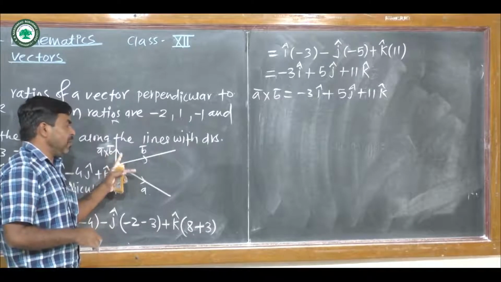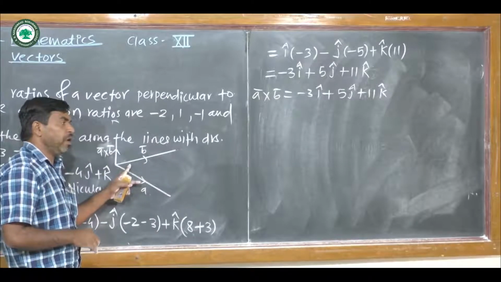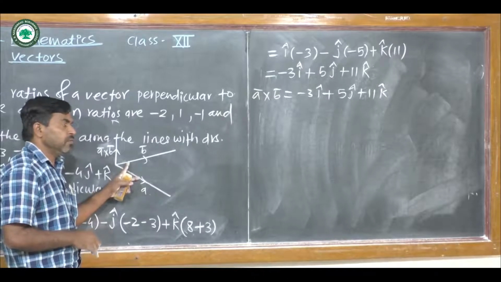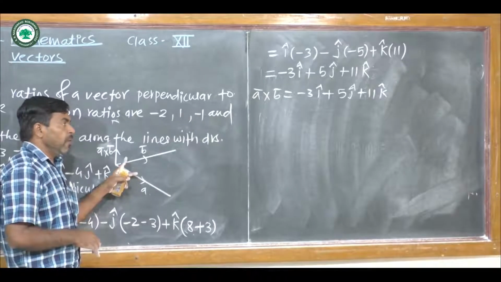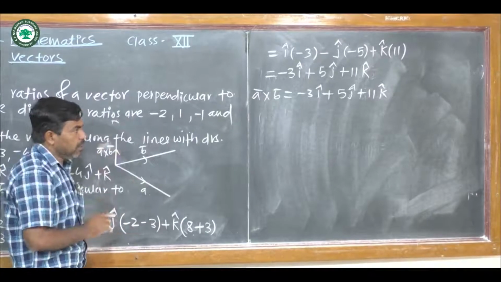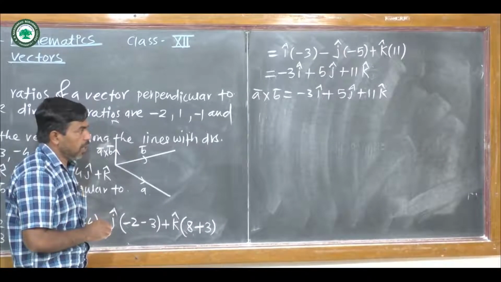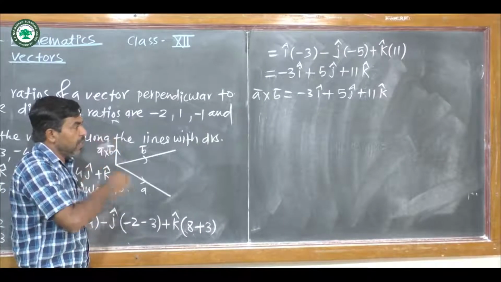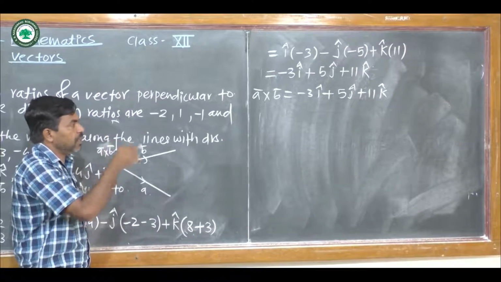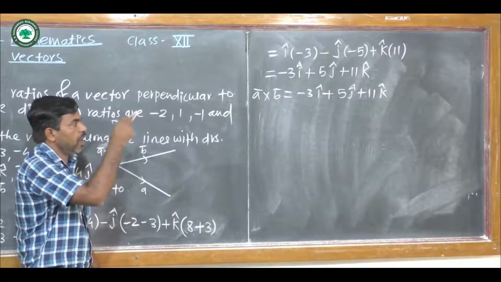So A bar cross B bar is the vector perpendicular to the two lines. So it is minus 3i cap plus 5j cap plus 11k cap, and the direction ratios of this vector are minus 3, 5 and 11.